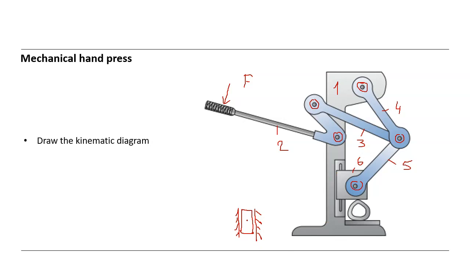Slider, and there is a revolute joint, and we have here the member or link like this, and we have here a joint which connects 1, 2, 3 members. This is, let's say, 6 here. This is member 6.